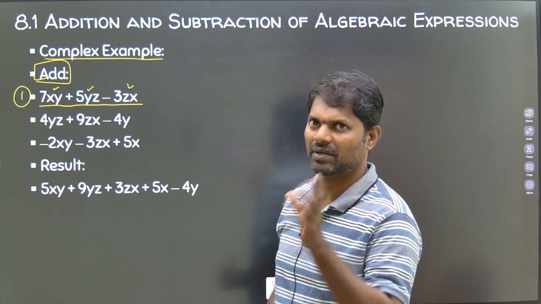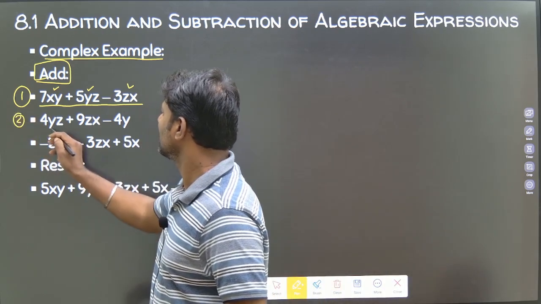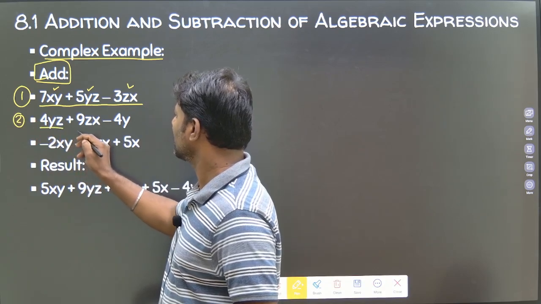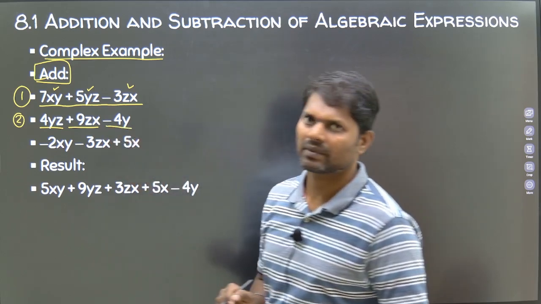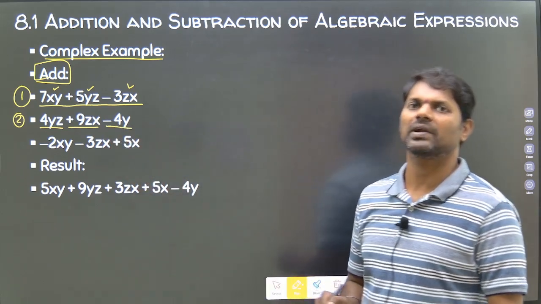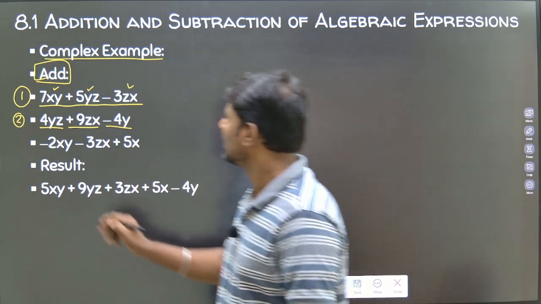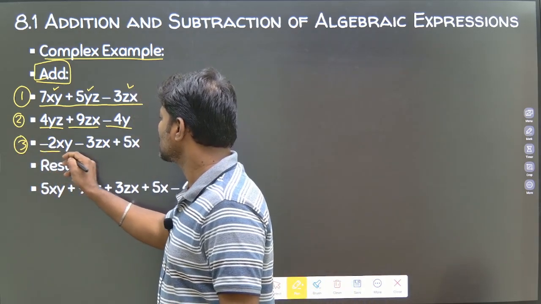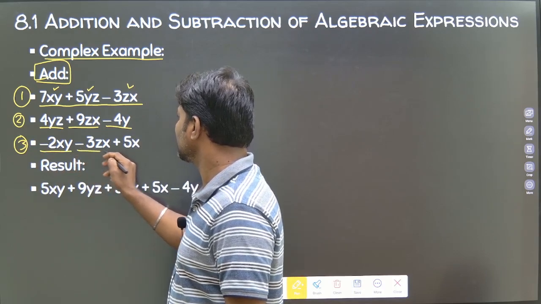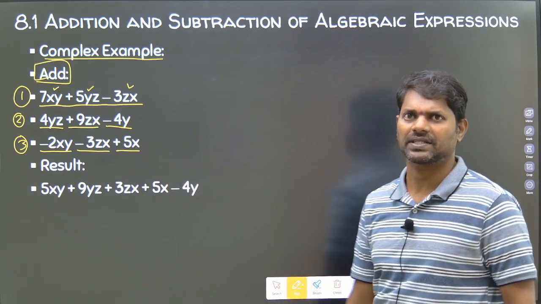This is expression number 1. Second expression, 4yz plus 9zx minus 4y. This is also a trinomial type of algebraic expression. 3 terms are there. Third algebraic expression, minus 2xy minus 3zx plus 5x.